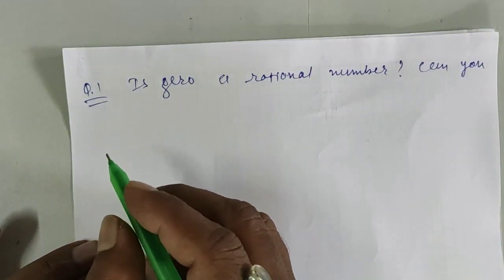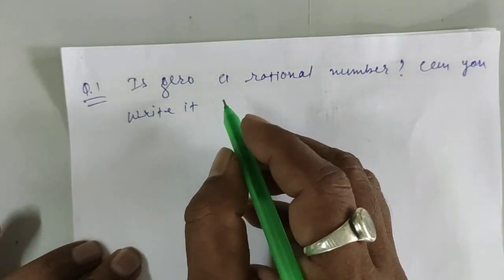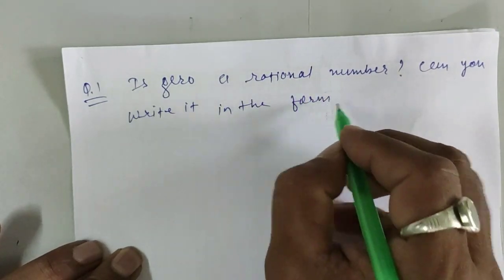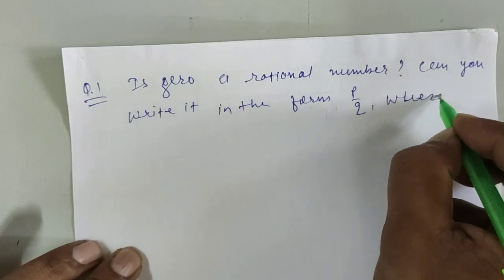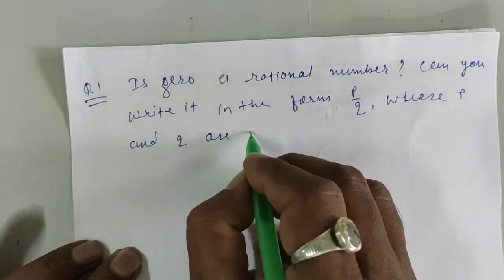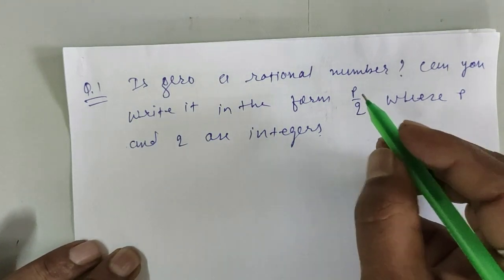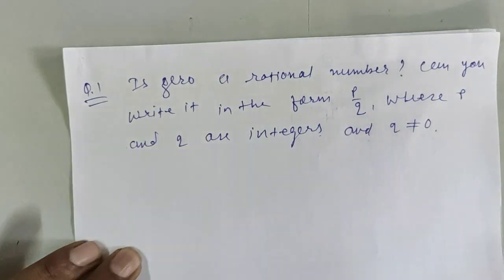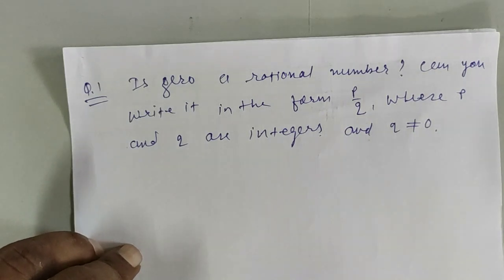Students, yes, we can write 0 in the form of p upon q.